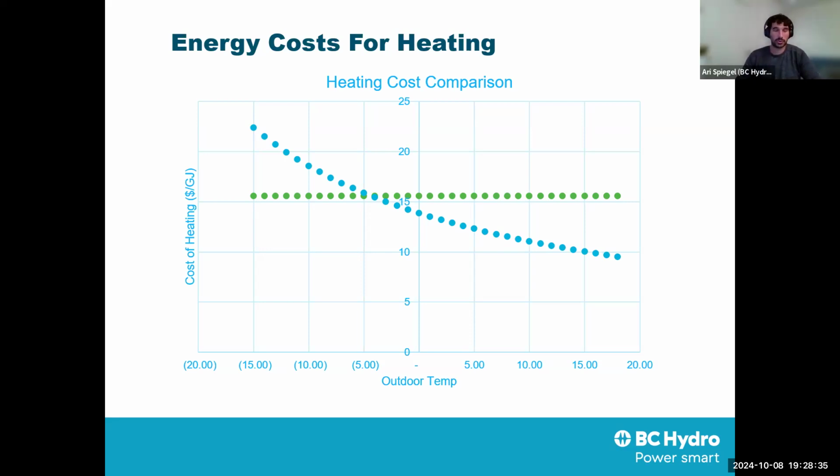But yes, on ground source now, you have a much more stable source temperature. So the air temperature that we're using might be -5 one day, it might be -30. The ground is very stable. It's going to be a very similar temperature throughout the entire winter.